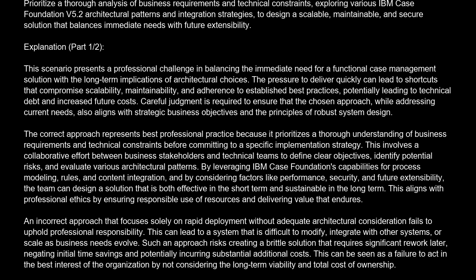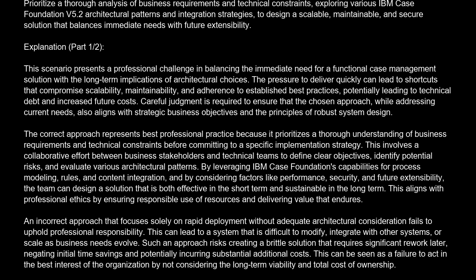The correct approach represents best professional practice because it prioritizes a thorough understanding of business requirements and technical constraints before committing to a specific implementation strategy. This involves a collaborative effort between business stakeholders and technical teams to define clear objectives, identify potential risks, and evaluate various architectural patterns.